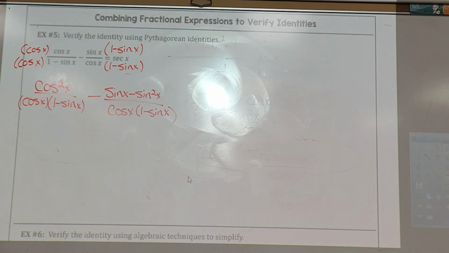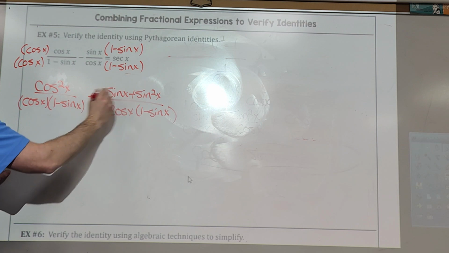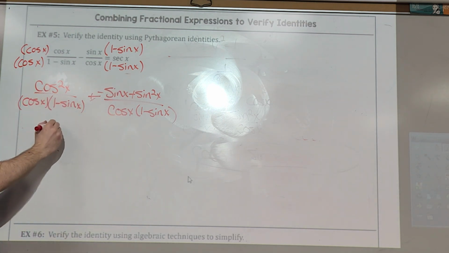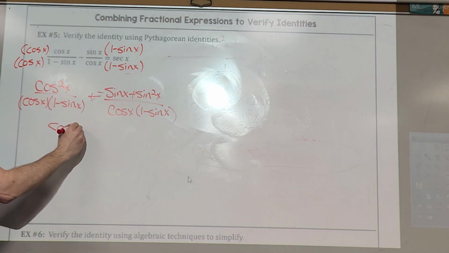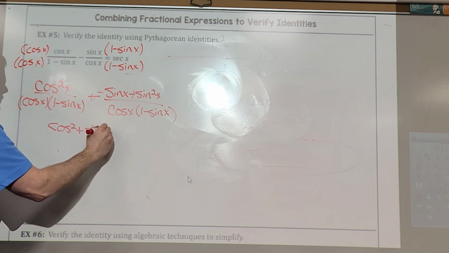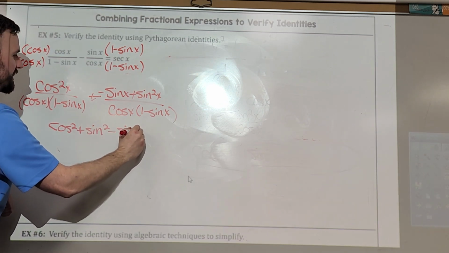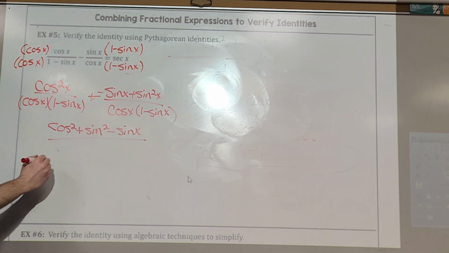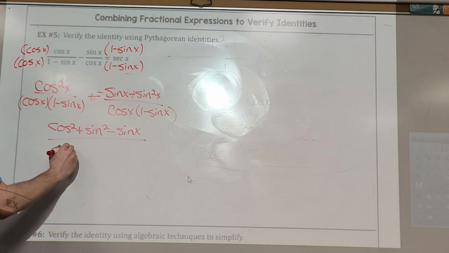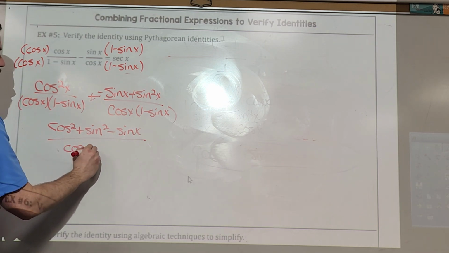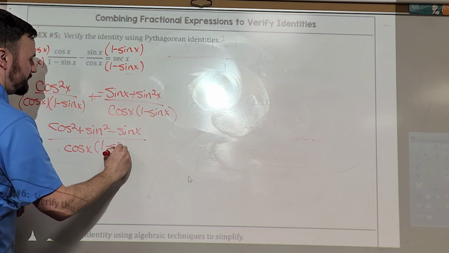Subtract positive, positive, right? So this becomes cosine squared plus sine squared minus sine of x, right? The bottom's cosine of x times 1 minus sine of x, right?